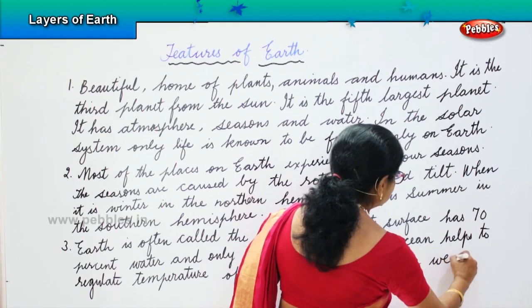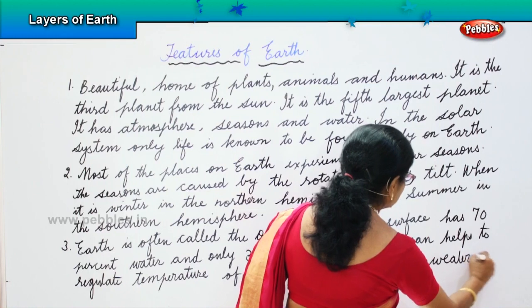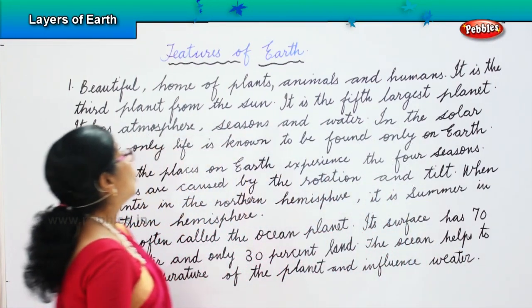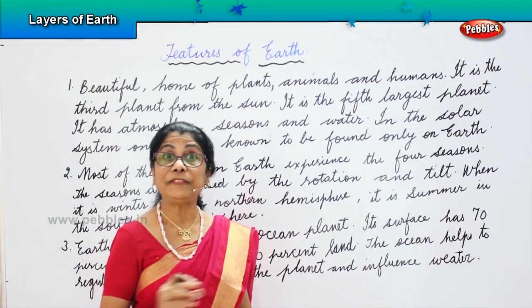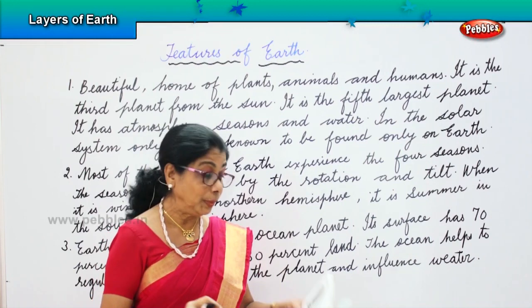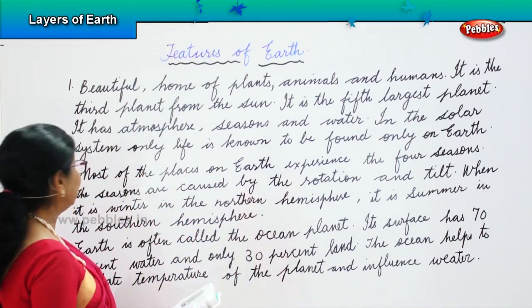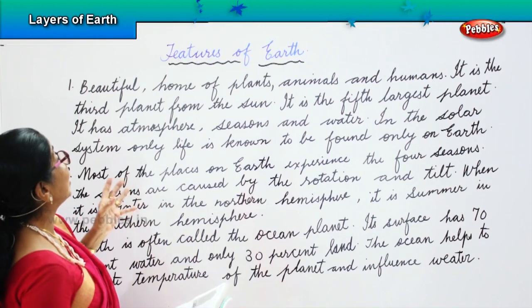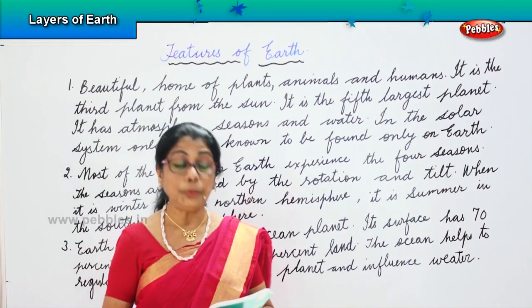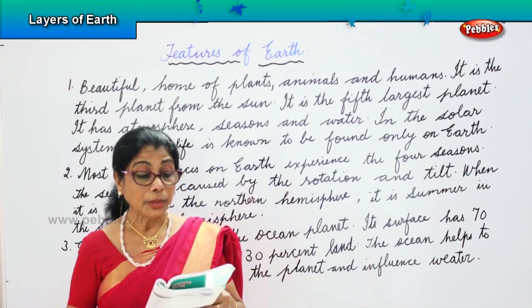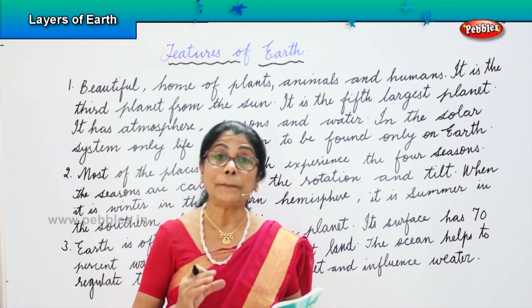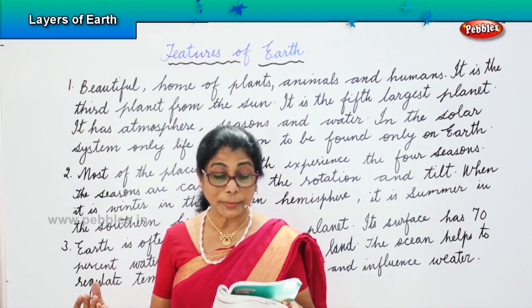Let's look at what we have here. We are looking at the different features of the earth, and we have five in number, and we have done three here. Let's look at these three features of our beautiful earth. First, beautiful earth is home of plants, animals, and humans.